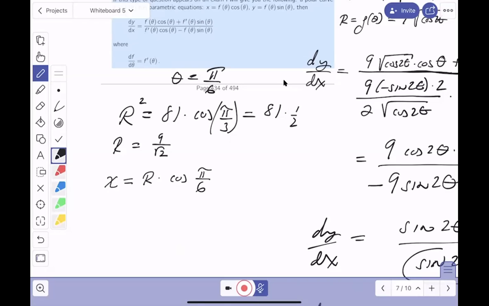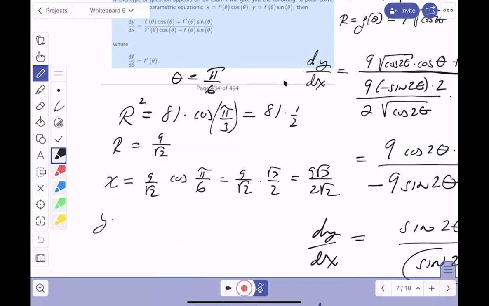Sorry about that. Yeah, a lot of work though, I realize that. Cosine of pi over 6, that's 30 degrees. Root 3 over 2, right? 9 root 3 over 2 root 2. Oh, it's a nasty looking number.